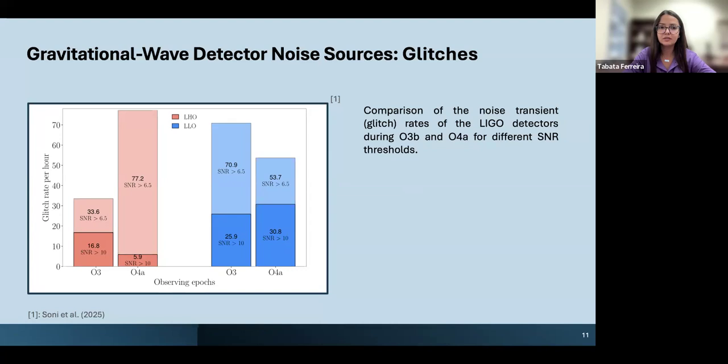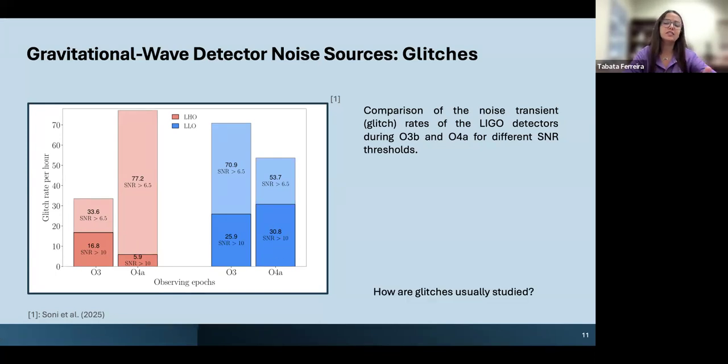And then when we increased this threshold to considering glitches with SNR larger than 10, we start to have around 6 glitches per hour. In Livingston, during O4A, we had around 53 glitches per hour, considering low SNR glitches, and around 31 glitches per hour, considering glitches with SNR larger than.